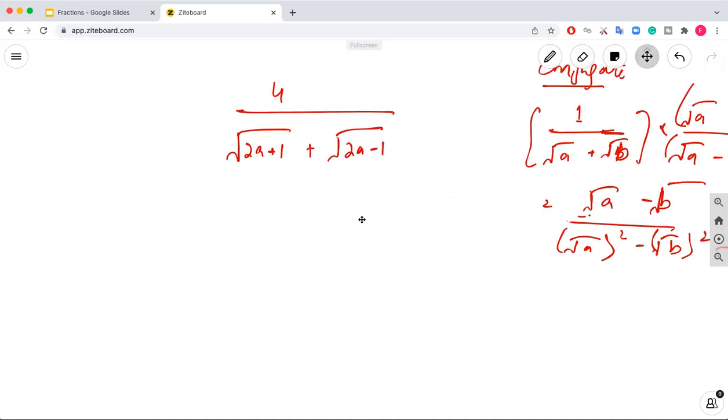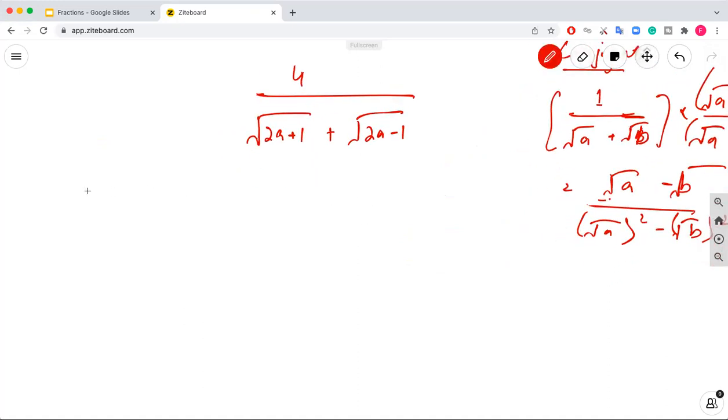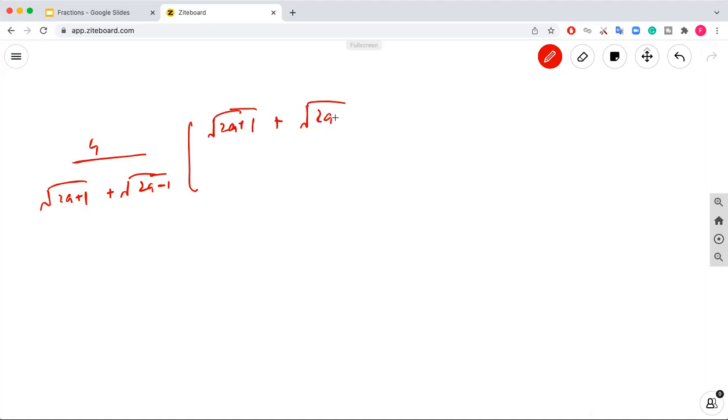Likewise, if you see this question, we have 4 over square root of 2a plus 1 plus square root of 2a minus 1, right? If you multiply the same with a negative sign, that will be square root of 2a plus 1 minus square root of 2a minus 1, divided by square root of 2a plus 1 minus square root of 2a minus 1.